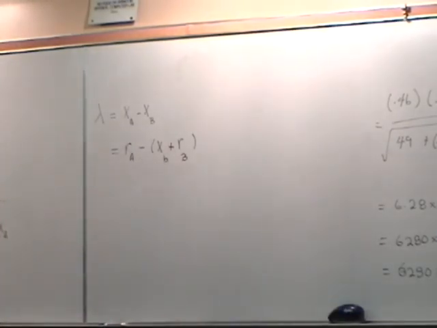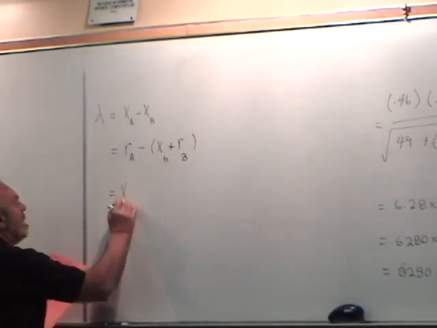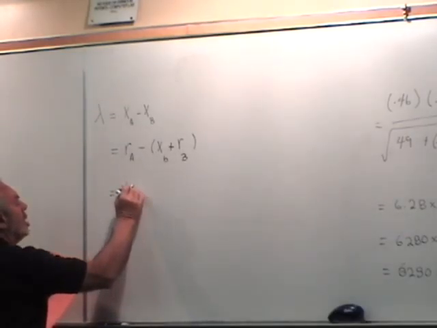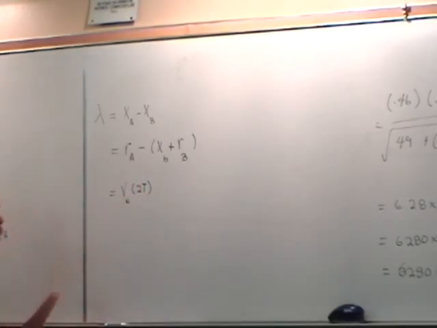All right, now let's try to put down what these things are. It's kind of an interesting argument. Watch this. I'm going to say that R sub A is V sub W times 2T. What do you suppose V with a subscript of W represents?